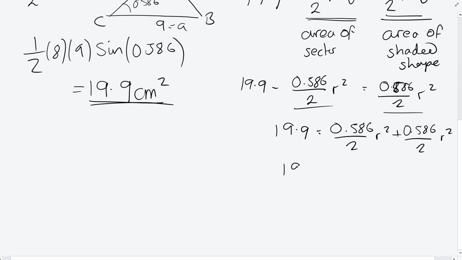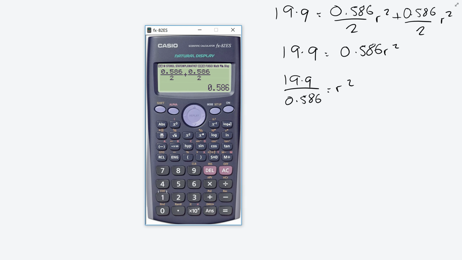So 19.9 equals 0.586 r squared. Divide by 0.586 both sides, we get r squared. That's one I will need my calculator for.